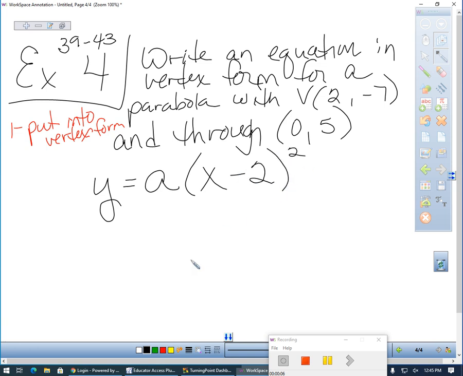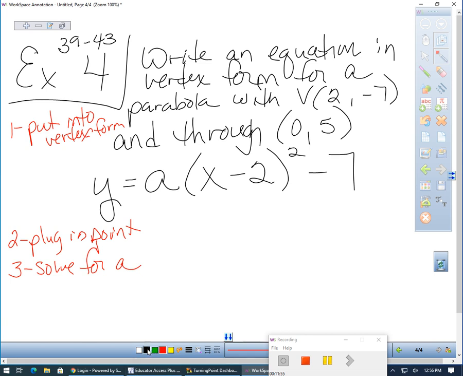Squared plus k, what is our k value up there? -7. So we're all clear on what step 1 is. Step 2, plug in points. In, that's an N by the way, points. And then step 3 is going to be solve for A.